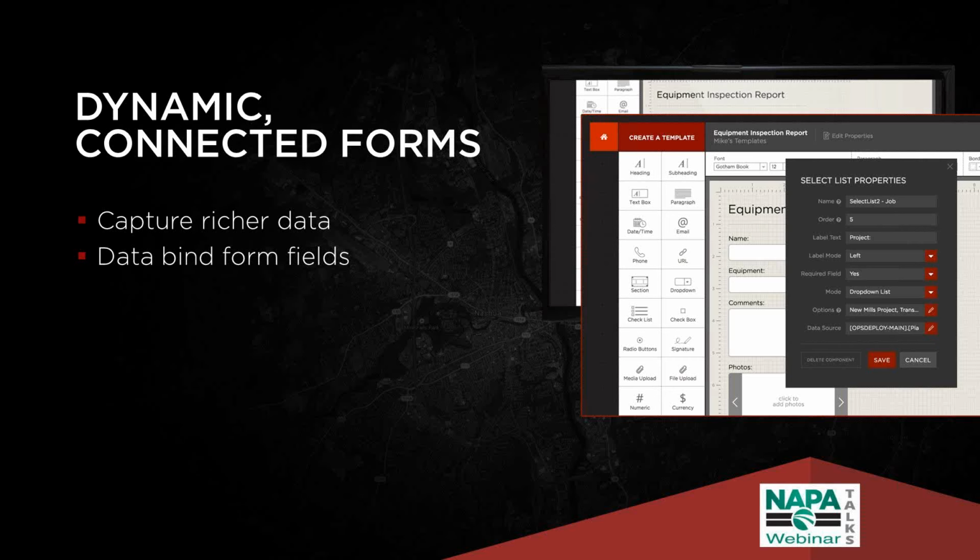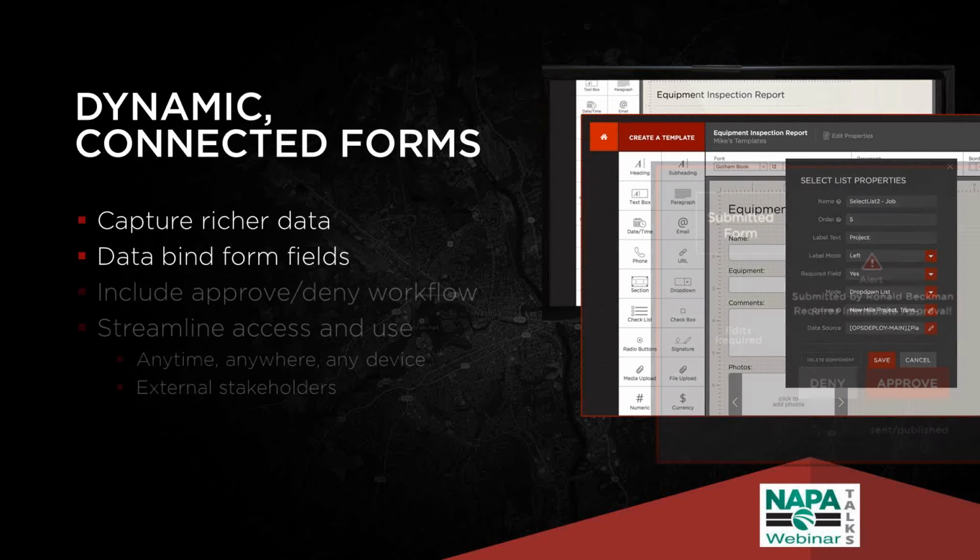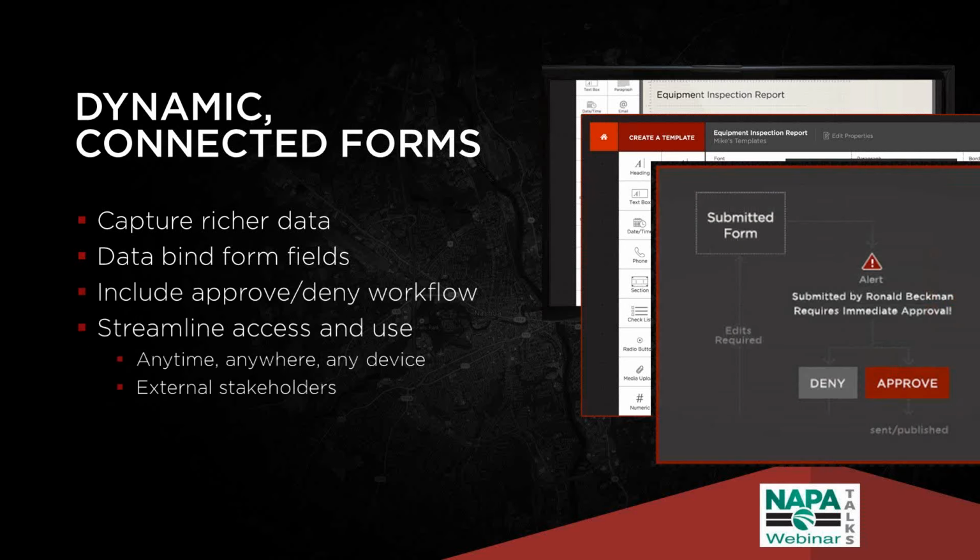So for example, if you have a form and on the form you want someone to pick from a list of employees or a list of equipment, it obviously needs to be the equipment in the platform. It can't be people typing in an employee's name or an equipment number. So again, leveraging the data on the platform, with a very robust workflow to have forms approved hierarchically.